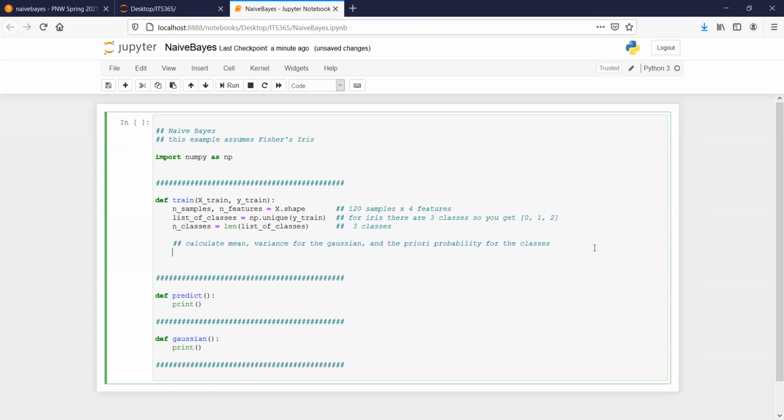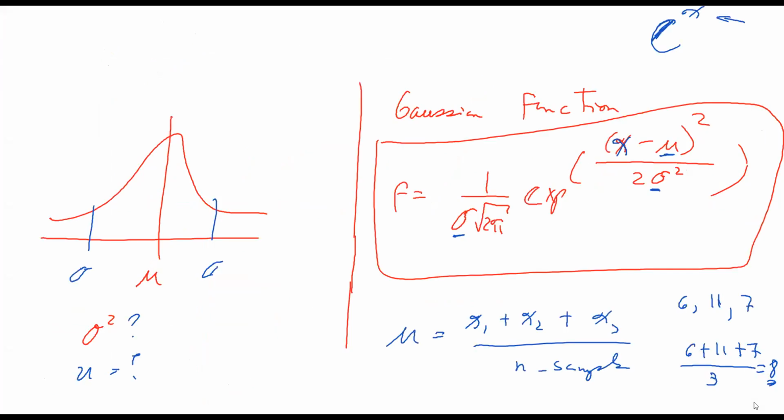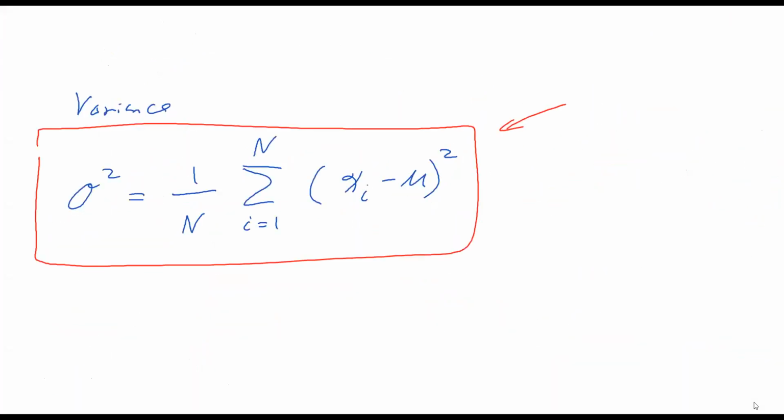So then, as it turns out, we need to create the following. So let me go back to the whiteboard here. All right, so you should be seeing the whiteboard.